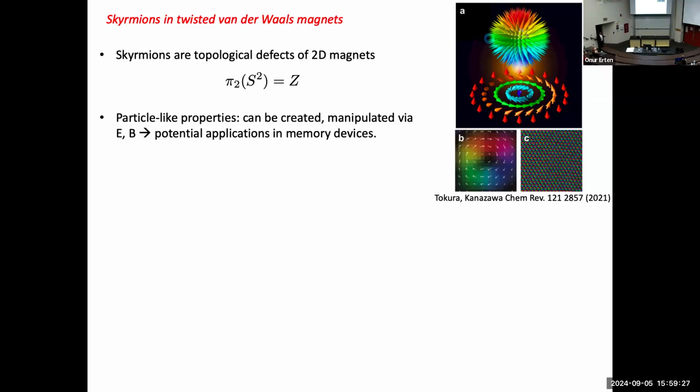You can consider a mapping from a plane to a sphere, where the center of the skyrmion is assigned to the bottom, the south pole, and the edges of the skyrmion are assigned to the top, the north pole. If you do this mapping, you'll see that a skyrmion covers the sphere only one time. So this is its topological charge.